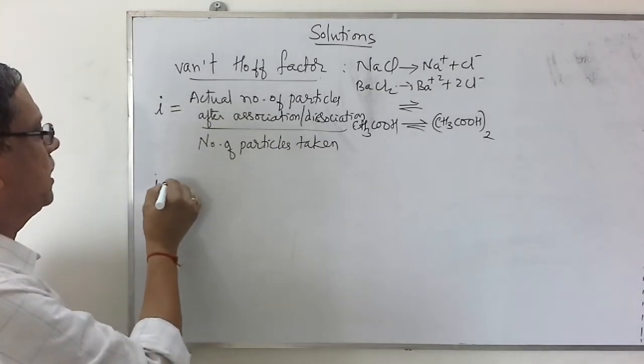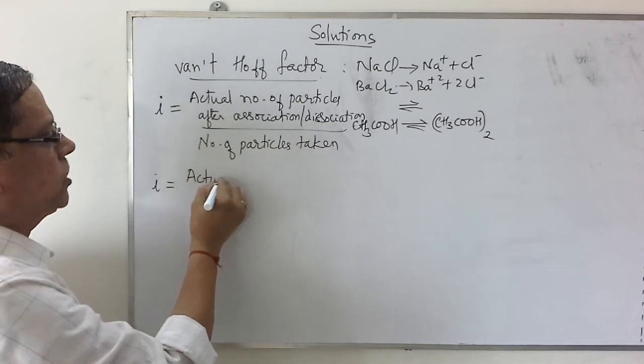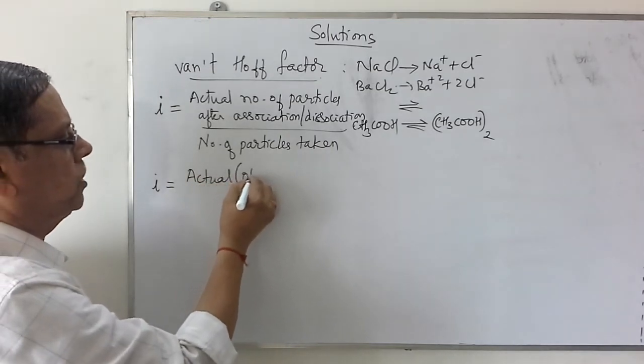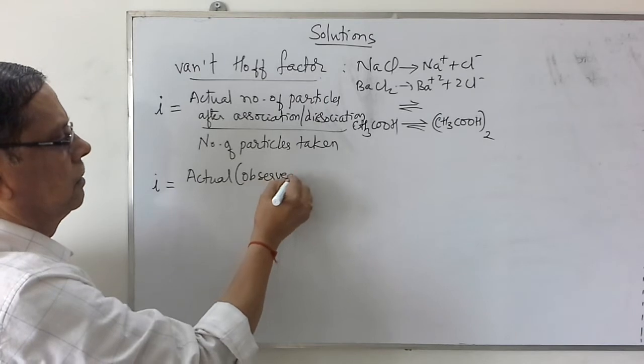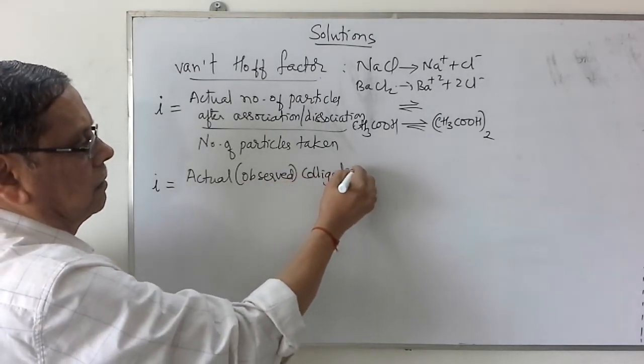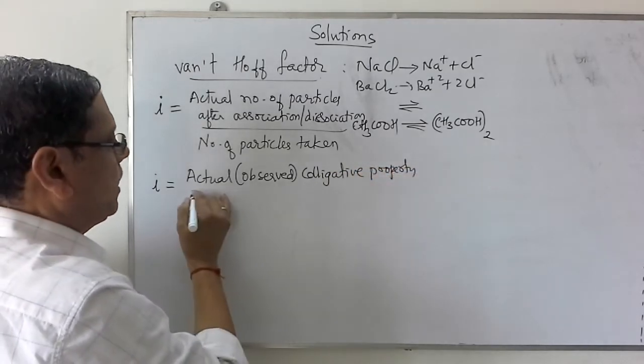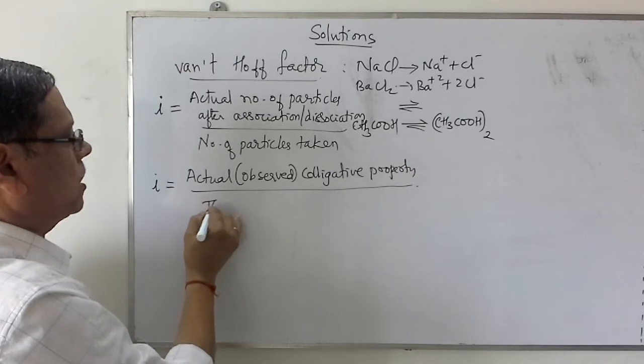Therefore, it can also be written as i is equal to actual or observed colligative property divided by theoretical colligative property.